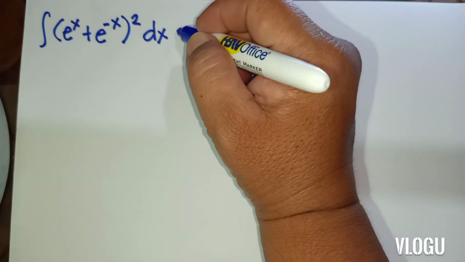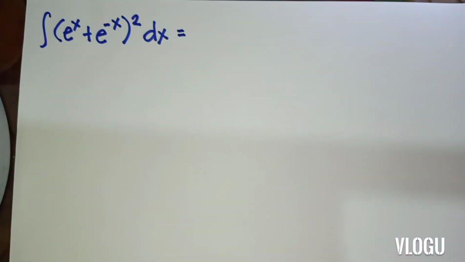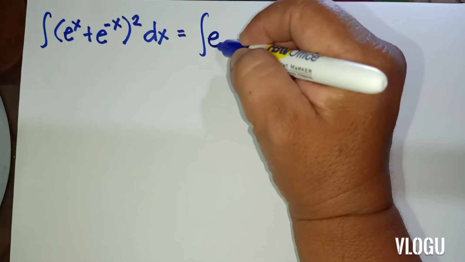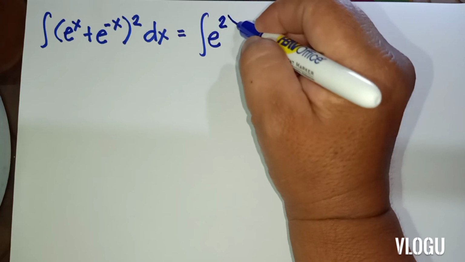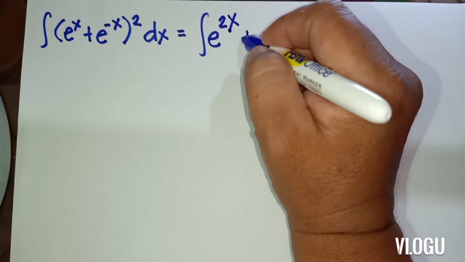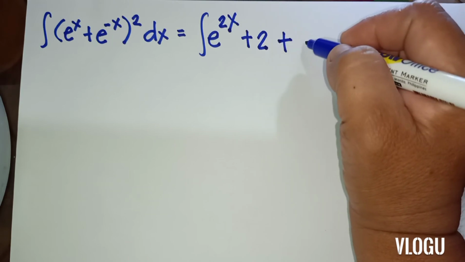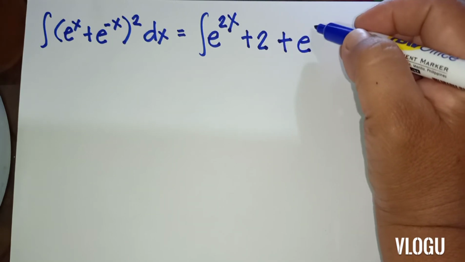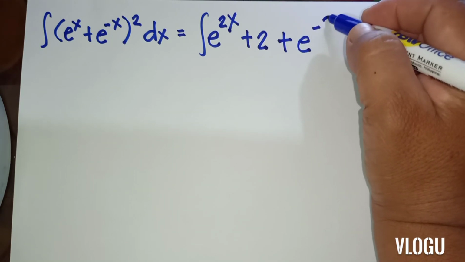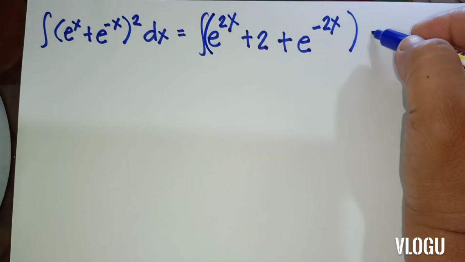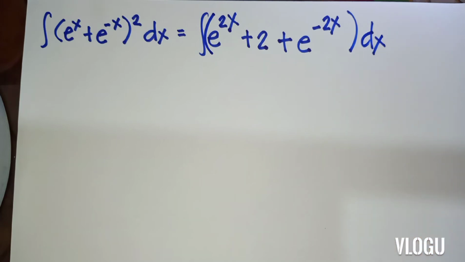This is now equivalent to the integral of e to the 2x plus 2 plus e to the negative 2x dx.